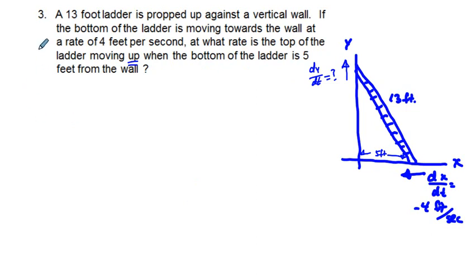And so now we're going to do a scavenger hunt on what we have and what we're looking for. So we're going to find dy dt when we have x is equal to 5, and we are given that dx dt is equal to negative 4 feet per second.